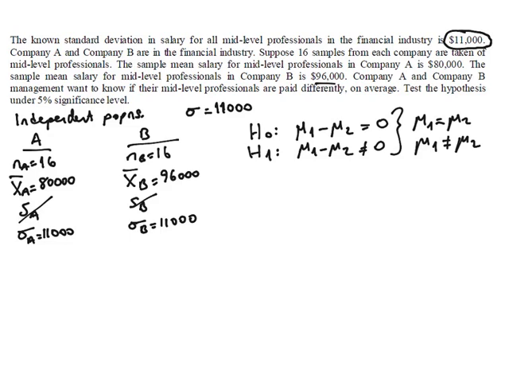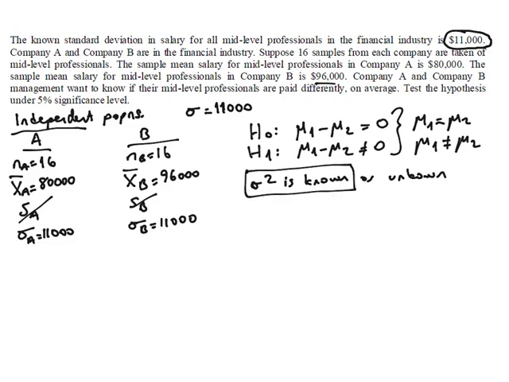Now we need to first decide, since the samples are independent, about the test statistic. The question was, is sigma square known or unknown? The answer is it is known.